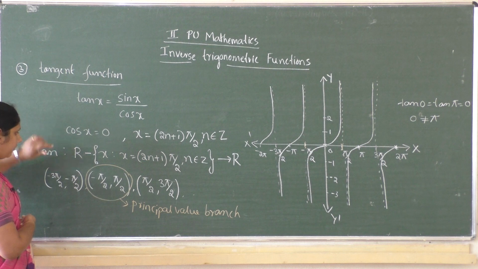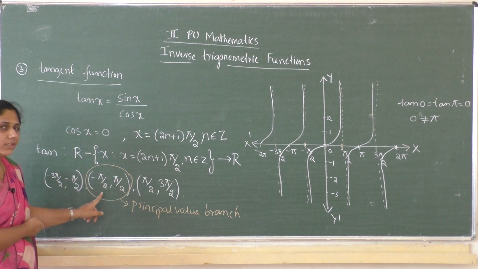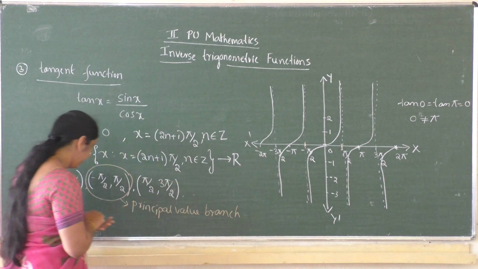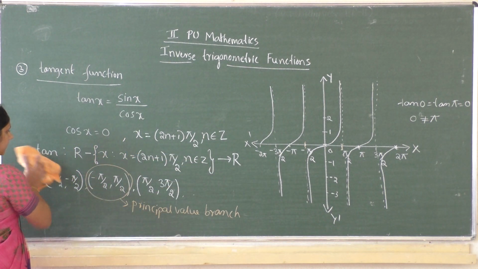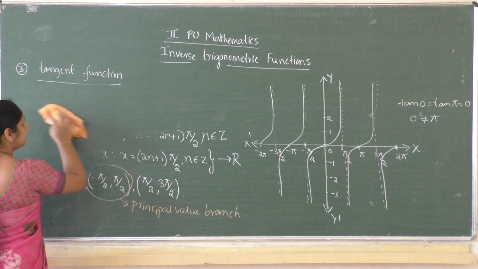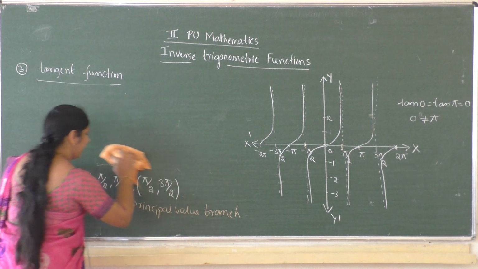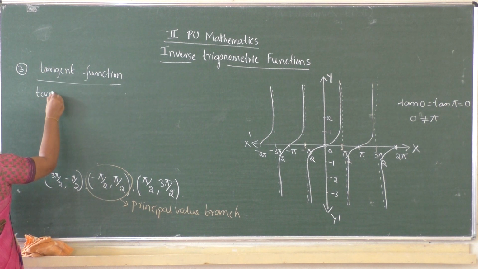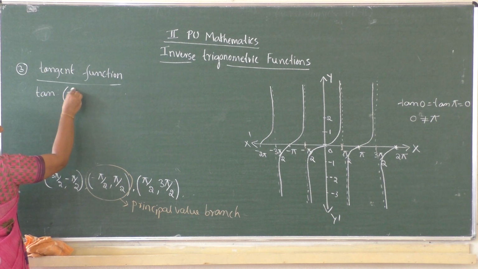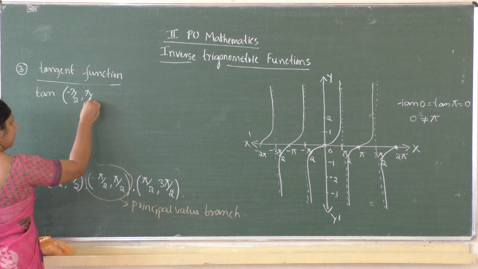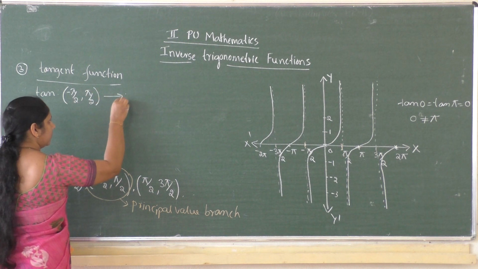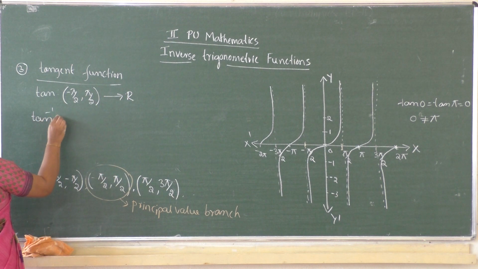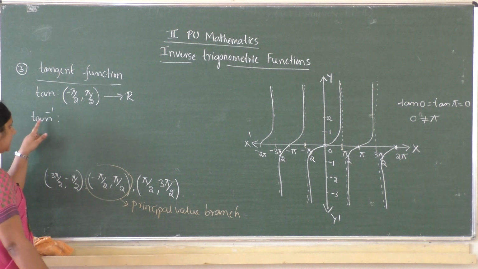Now what can the tan function be defined as? Tan is a function from the domain, that is open interval minus pi by 2 to pi by 2, and the range will be R. Then we can find the inverse. If tan is a function from open interval minus pi by 2 to pi by 2 to R, then we can find the inverse of tan, that is tan inverse.